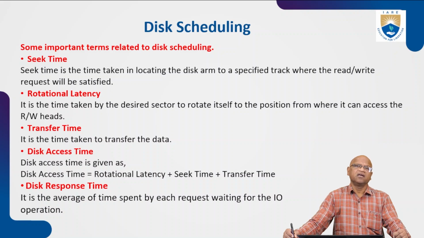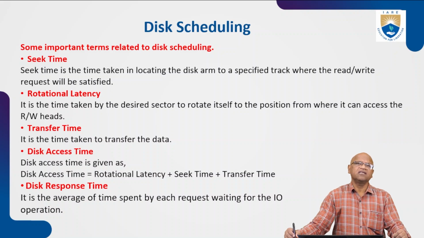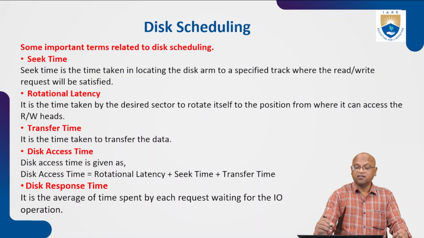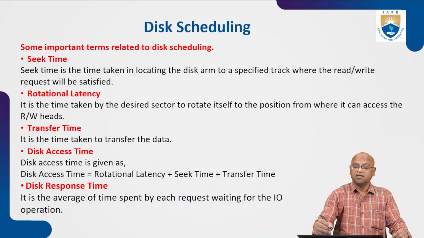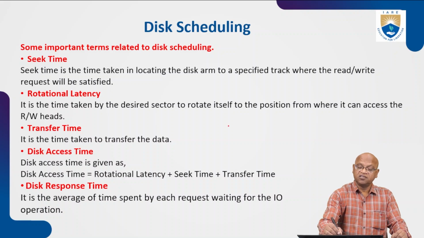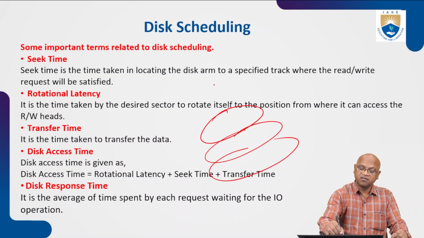Rotational latency. It is the time taken by the desired sector to rotate itself to the position from where it can access the read and write head. As we have seen in the mass storage structure, there is the disk arm and the disk, and there will be a spindle. This is our hard disk positioned like this, this is our spindle, and this is the read and write head.